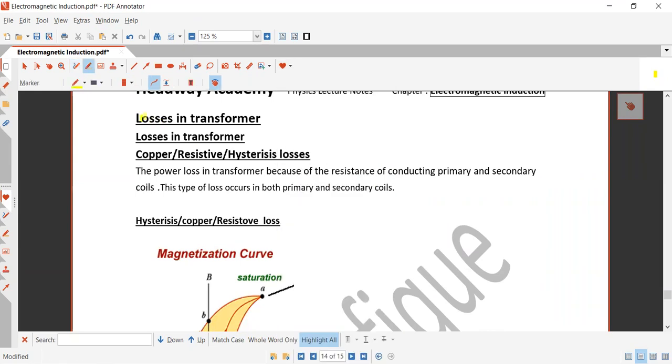Okay, losses in transformer. There are two types of energy losses in a transformer, students. The first type is copper loss or resistive loss, or we also call it hysteresis loss, right?